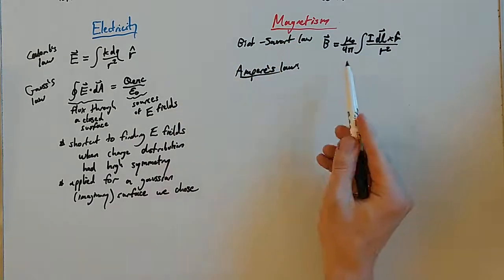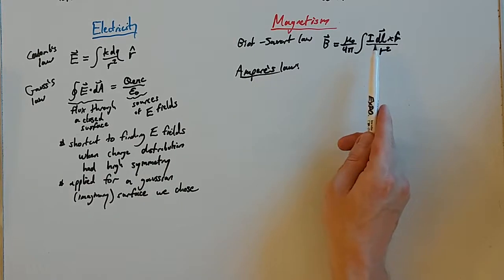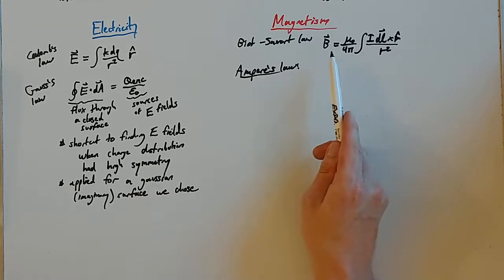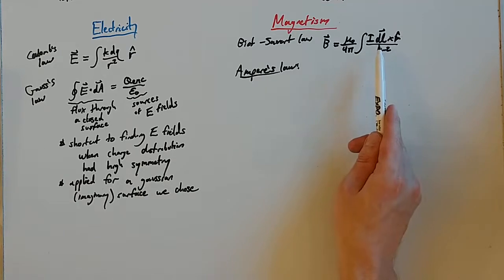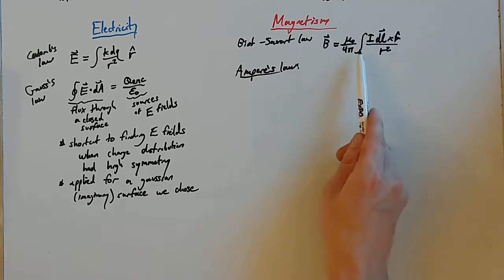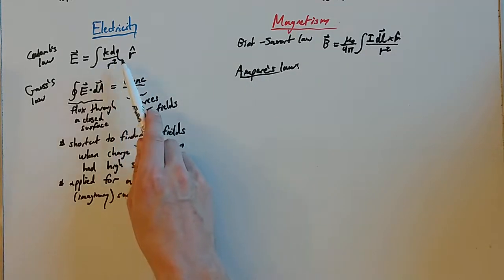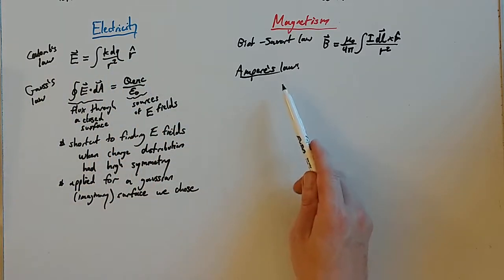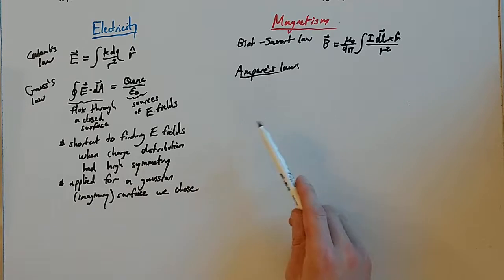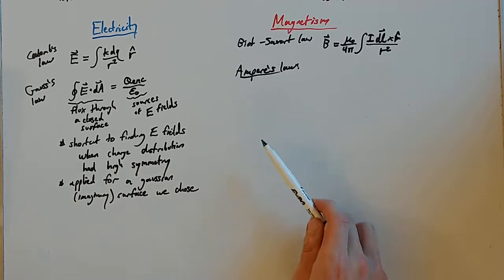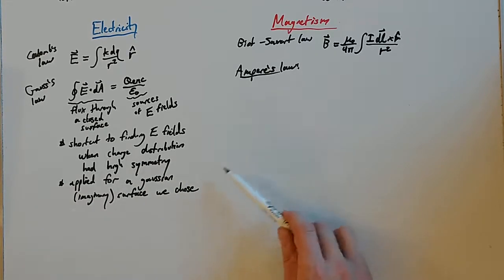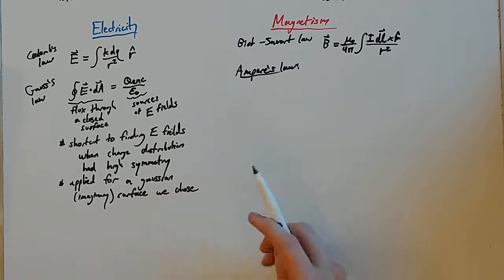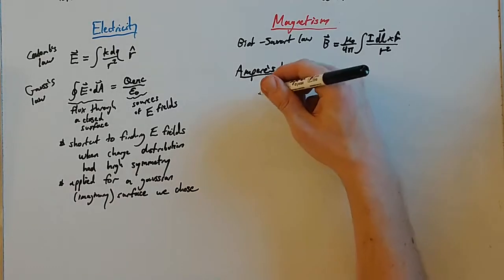Just like the Biot-Savart law lets us directly calculate magnetic fields from moving currents, and that's the analog to Coulomb's law, where we're directly calculating electric fields from charges, Ampere's law is going to be a shortcut to finding magnetic fields when we have high symmetry. So let me write it down and then we'll think about it a little bit.